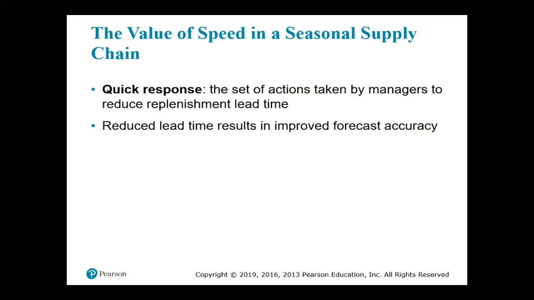Since lead time demand uncertainty is equal to the square root of lead time times demand uncertainty, if we reduce the lead time, that means we reduce the lead time demand uncertainty.